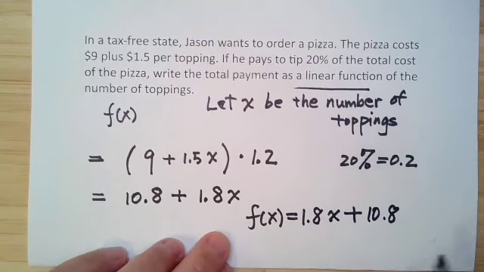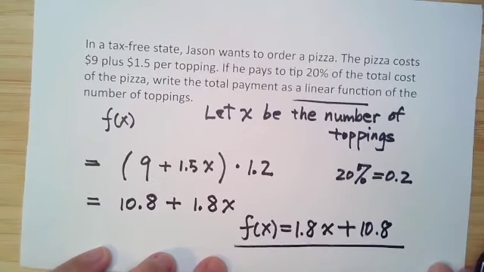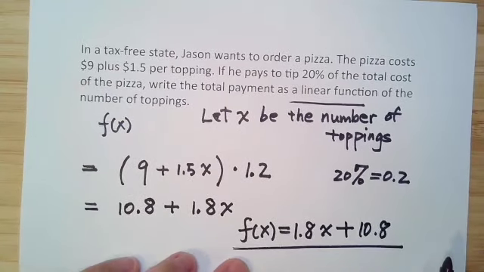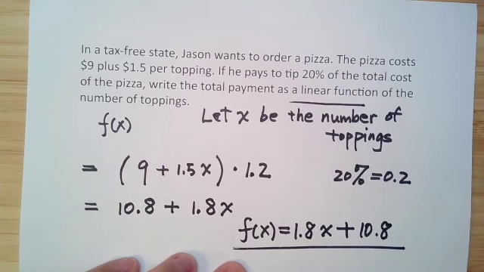Now the good thing about this linear function is if I ask you what is the total cost for this person if he just orders a pizza with one topping, it's going to be f of 1. So 1.8 plus 10.8. What about if this guy is a meat lover?